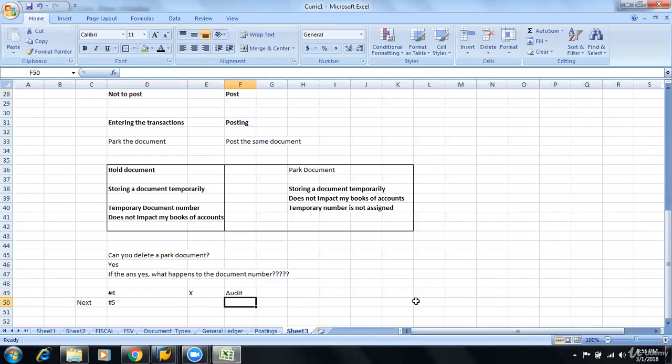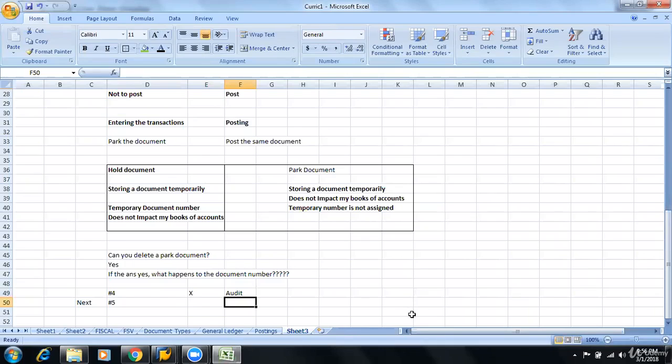It still stays in the system, having a trail that who deleted this document and for what purpose. All right, because this is a very important thing. Skipping of document number is a very serious issue in IT systems, because these are not manual books of accounts where if an entry is gone missing, you can just find it out.